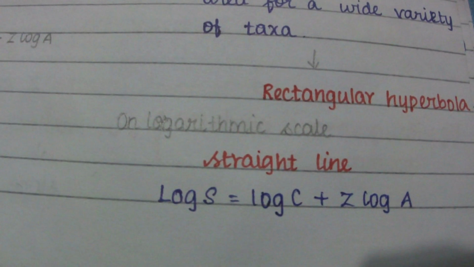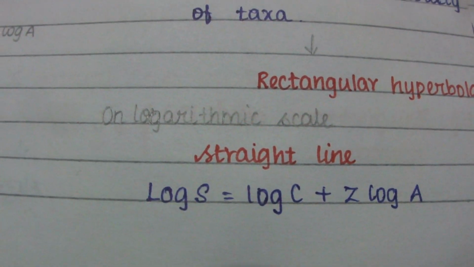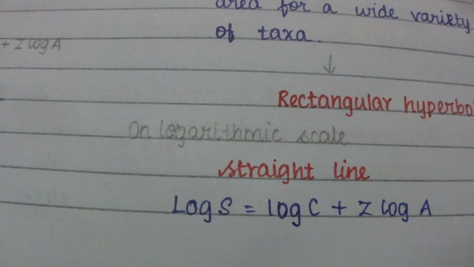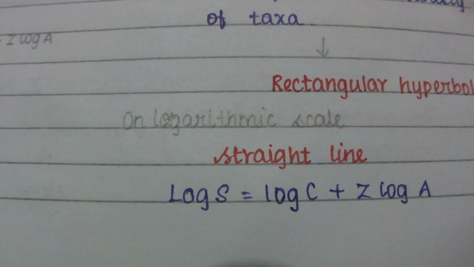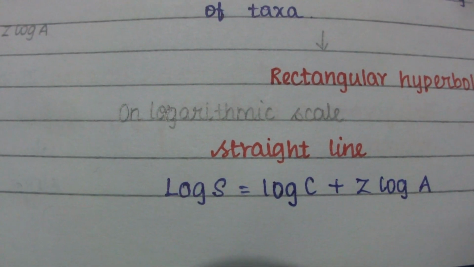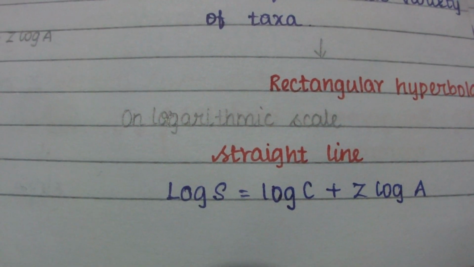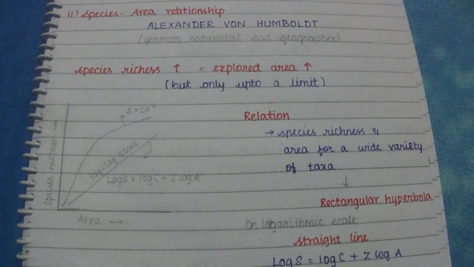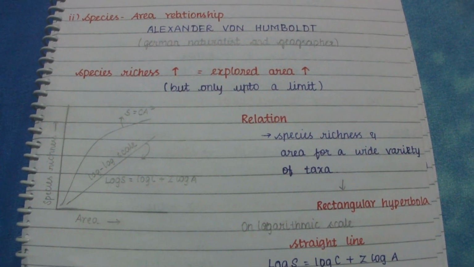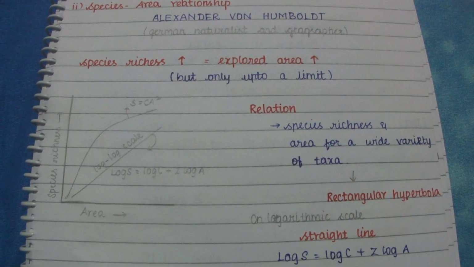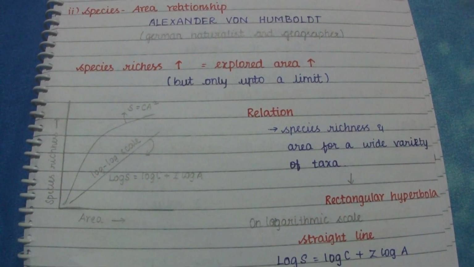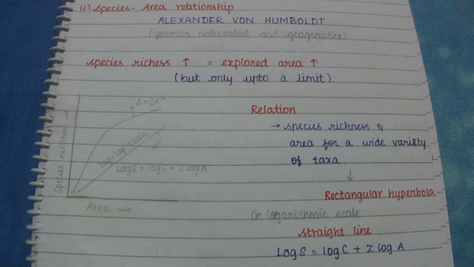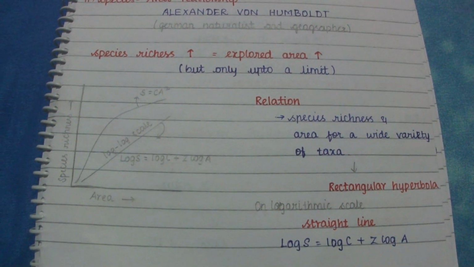So when the relationship is plotted on a logarithmic scale, it comes as log S equals log C plus Z log A. This is the relationship given by Alexander von Humboldt, a German naturalist and geographer, between species richness and area for a wide variety of taxa.